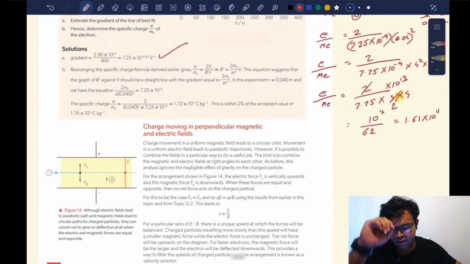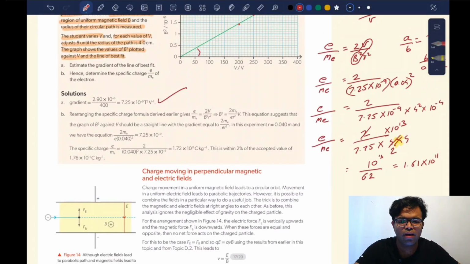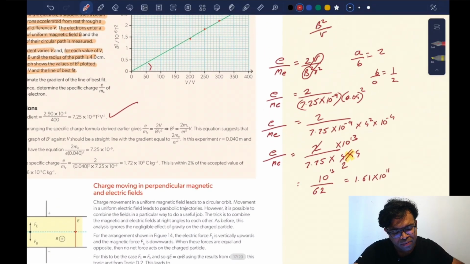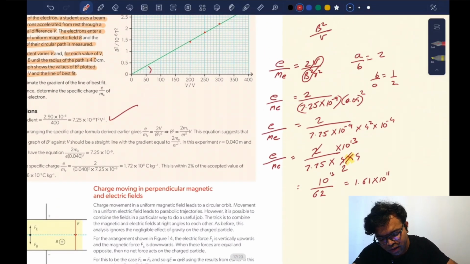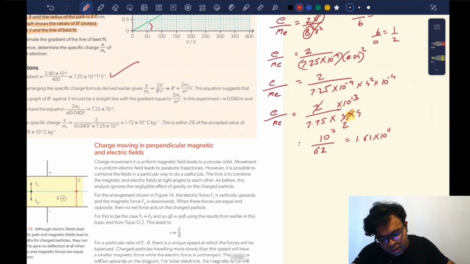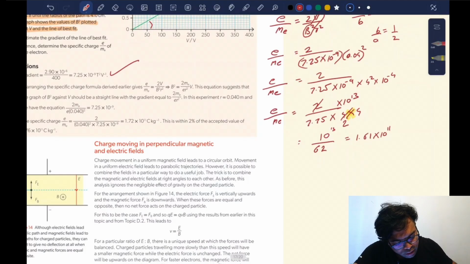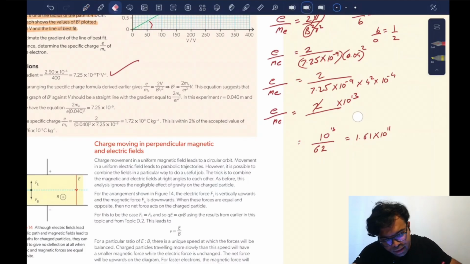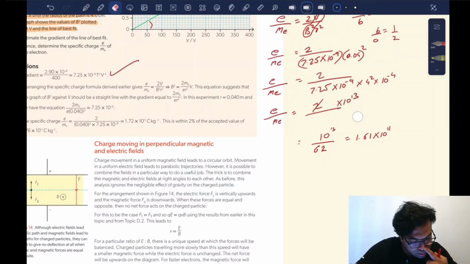What is the mistake that we did? Oh my god, yeah, I got it. It should be 7.25. My mistake. So this will become 7.25. So basically, this whole thing will be 7.25 into this thing.